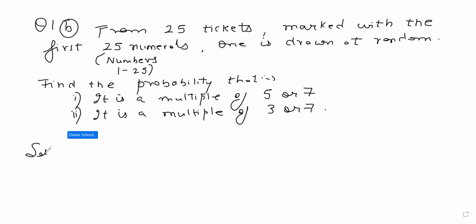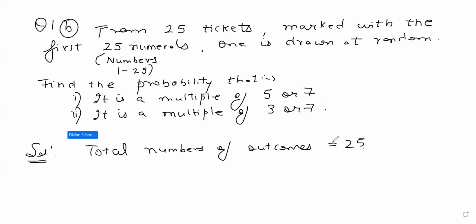So let's quickly solve. Again, this is an easy problem. There are 25 tickets numbered 1 to 25. So what are my total number of outcomes? In both the parts 1 and 2, my total number of outcomes are 25 because I have 25 tickets and they are marked 1 to 25.